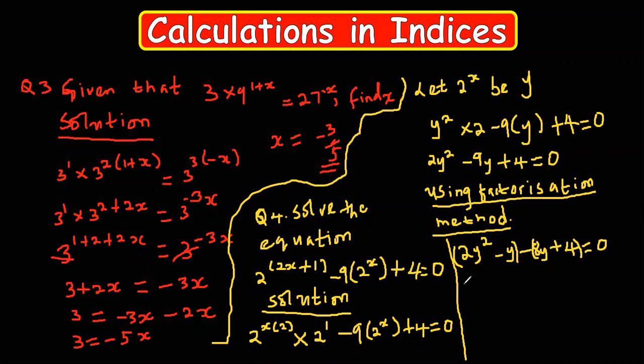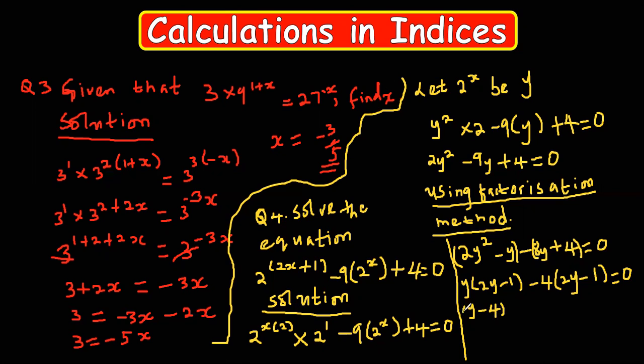So here we are going to have y bracket 2y minus 1, then minus 4 bracket 2y minus 1 as well, equal to 0, and then we take this and this. So here we have 2y minus 1, and then y minus 4 in brackets.